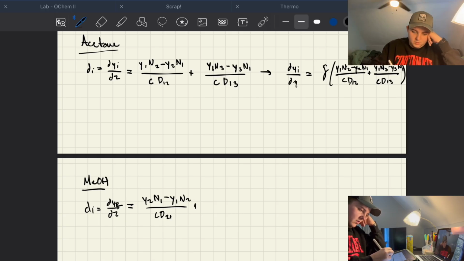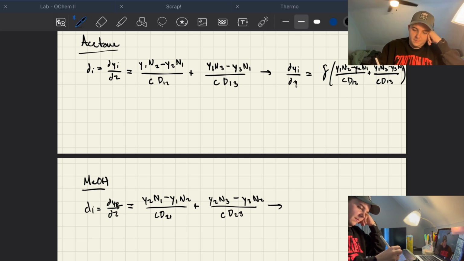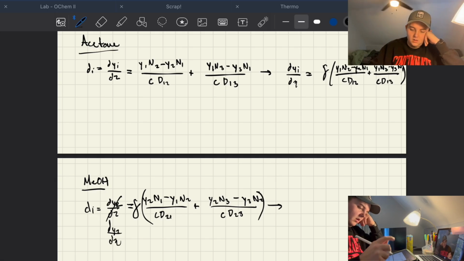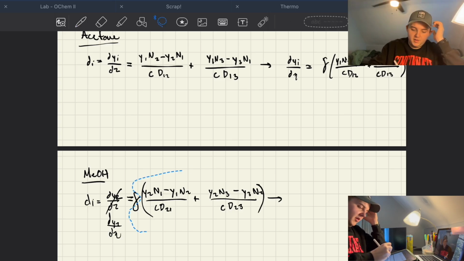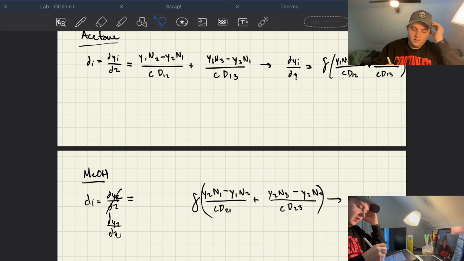So y2 N1 plus y2 N3, y3 N2 over C D2,3. And then I'm not going to write it, but it would just be this times our length. And then instead of that, we'll have our dy2 over dz. Okay, that's kind of messy, but it works. I'll just separate this so it's easier to see.